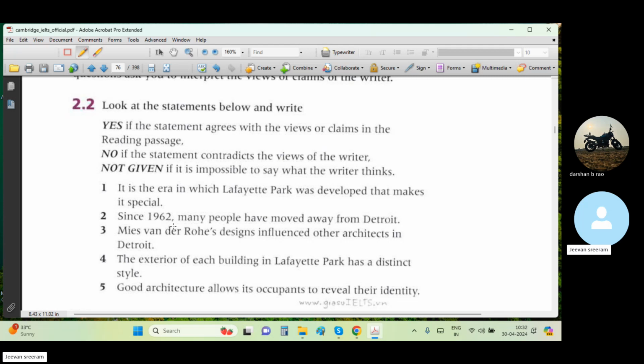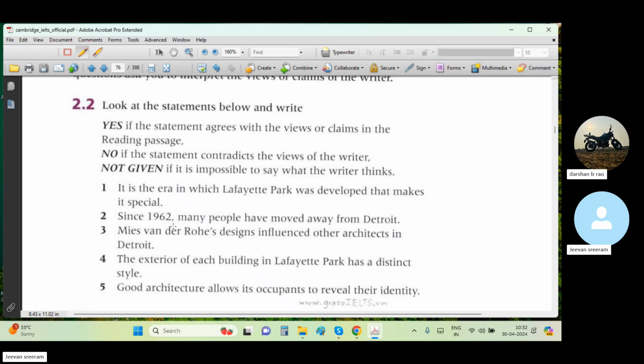Can you please speak loud enough? It's because of the war. So you are saying era is the one. It is actually after the war, not during the war. So that's the era you want to mention as making Lafayette Park special, right?